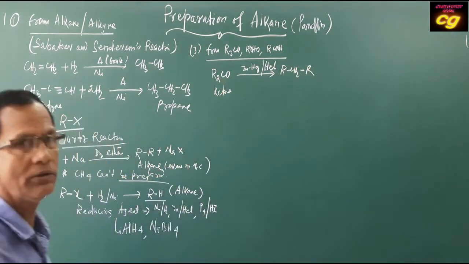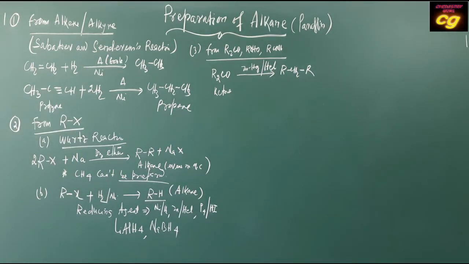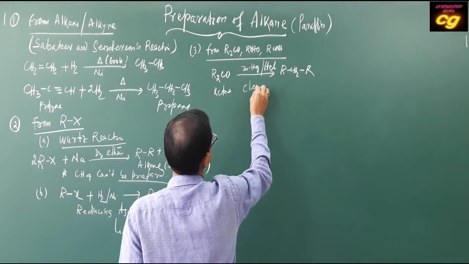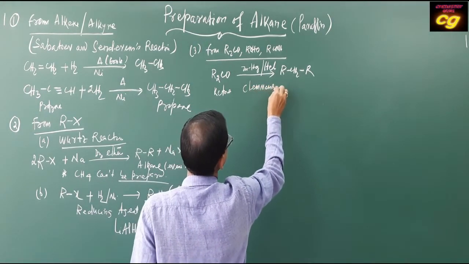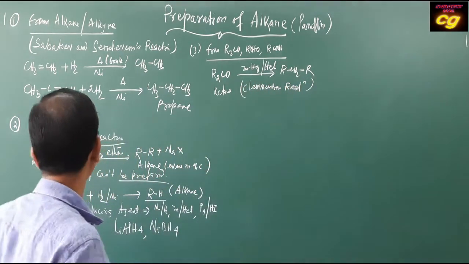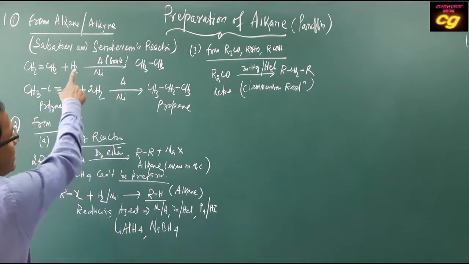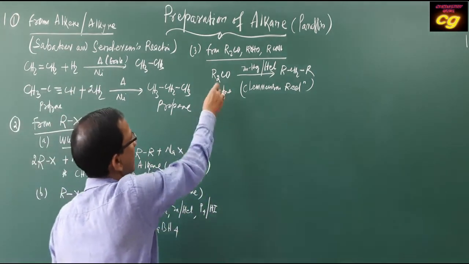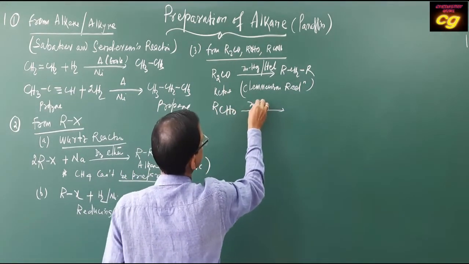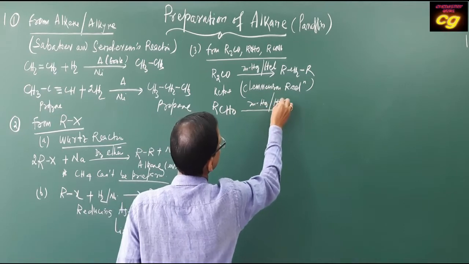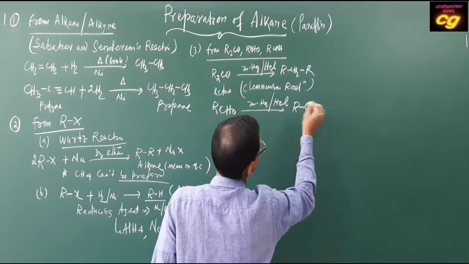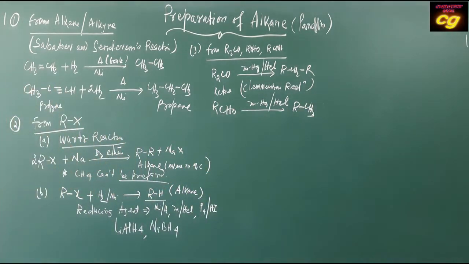The same number of carbons remains; there is no increase or decrease of carbon. This reaction is called Clemmensen reduction. That is one important name reaction, like the Wurtz reaction and the Sabatier-Senderens reaction. For aldehyde too, the same zinc amalgam and HCl produces the alkane.